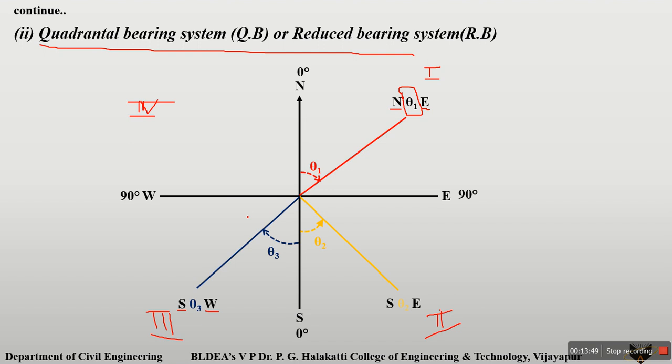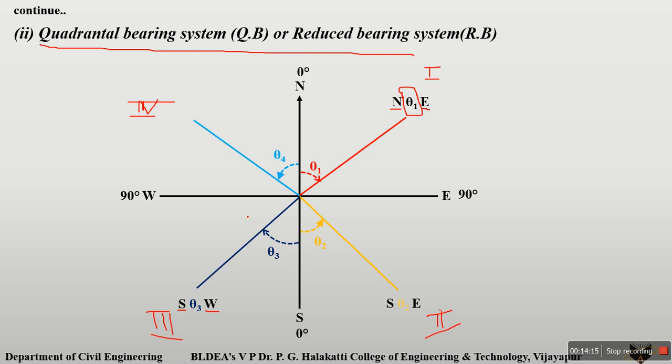west side. Then the last one, the fourth quadrant, is in between the north and west directions. In this case we are taking the north direction as the reference direction. The bearing is measured from the north towards the west side.